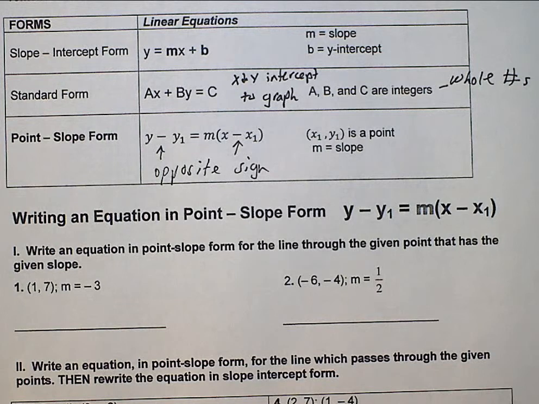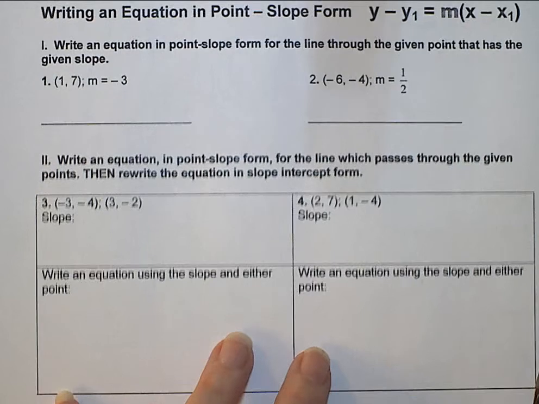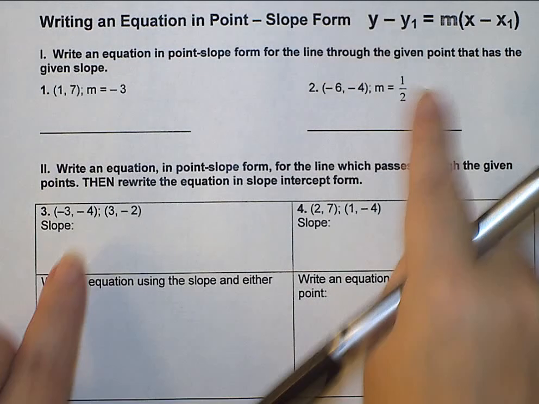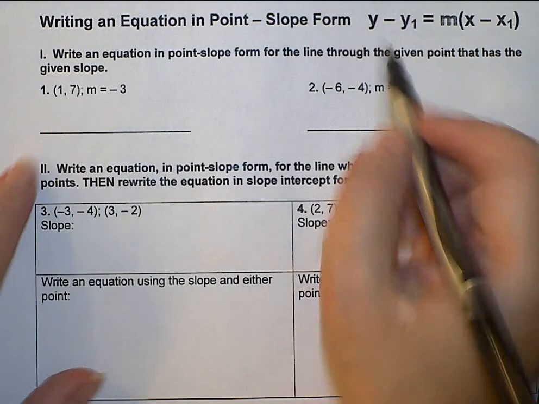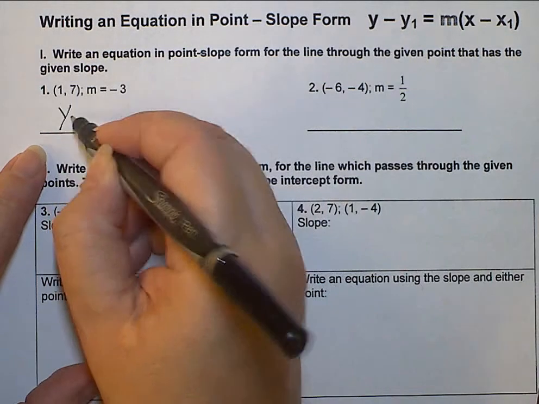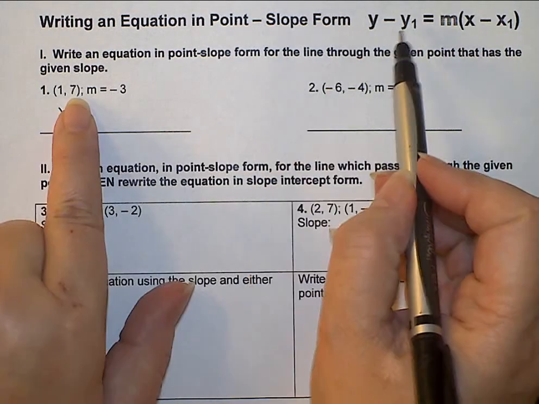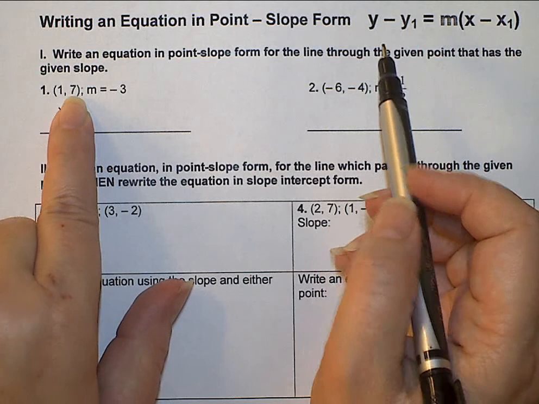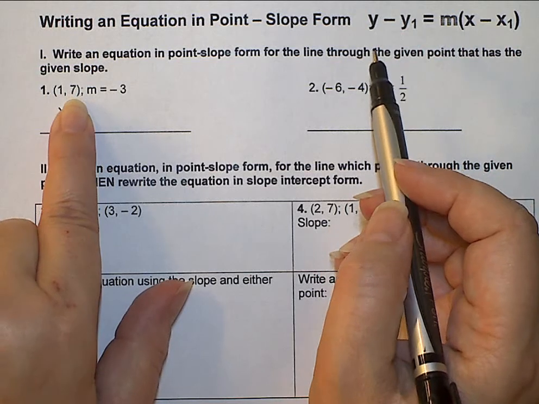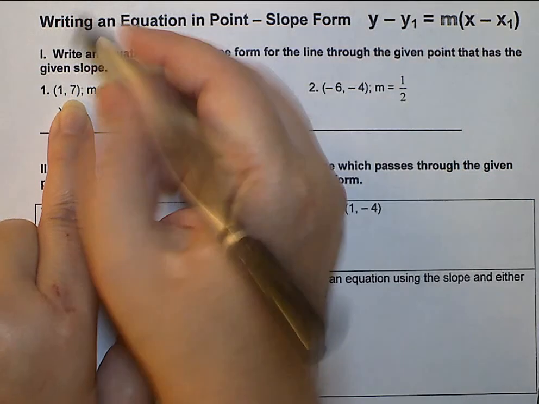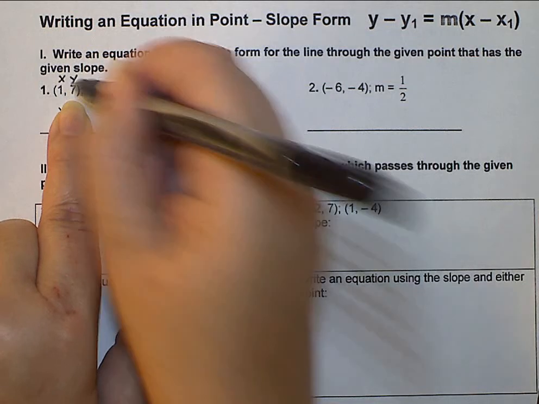Alright, so let's move it up, and now we're going to use the point slope formula to create a point. So we start with y minus, what is my y value? My y value is my 1 or 7. This is my x value, this is my y value. So my y value is 7.